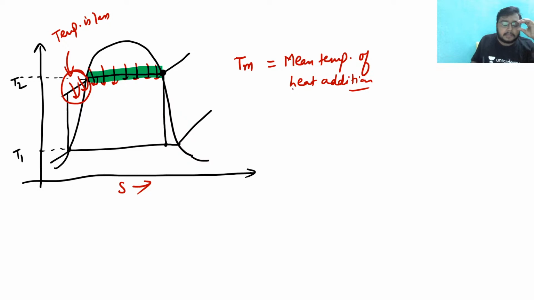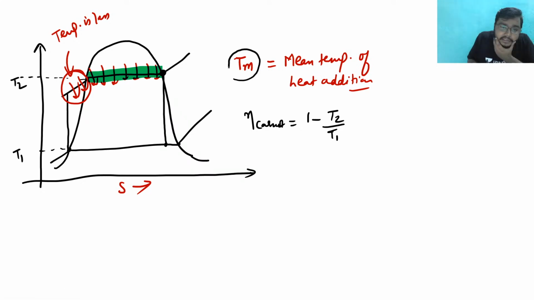So there is a concept of mean temperature of heat addition. What does this concept tell us? We can easily say that Carnot efficiency is 1 minus T2 by T1, but we cannot say this here because heat addition is not at a constant temperature. So I am assuming a constant temperature, that is a mean temperature, Tm.